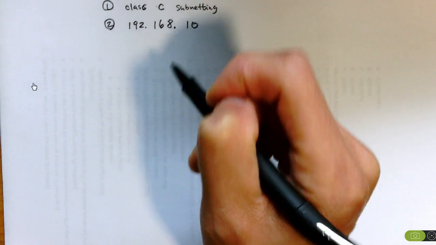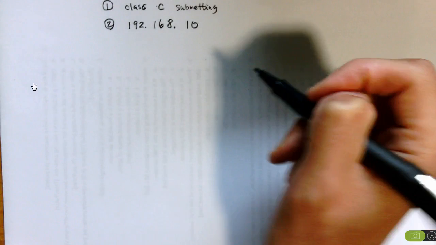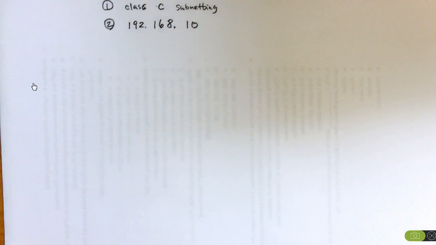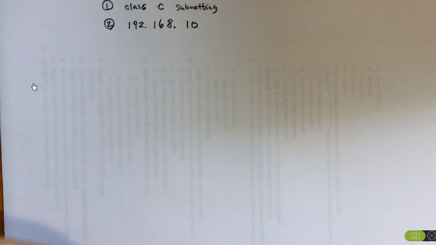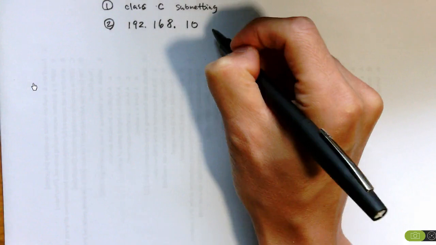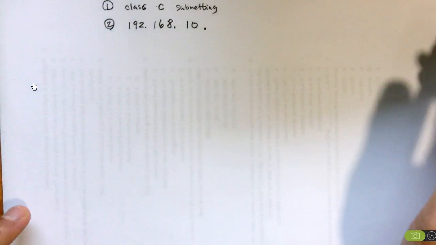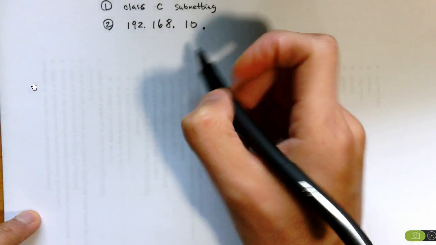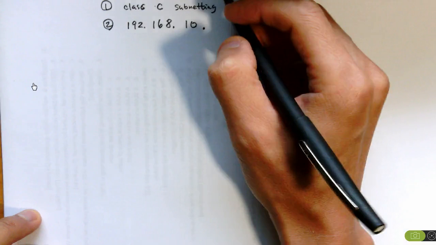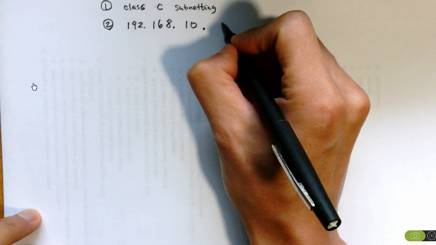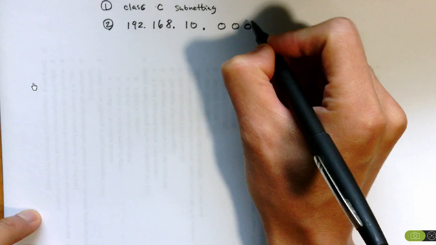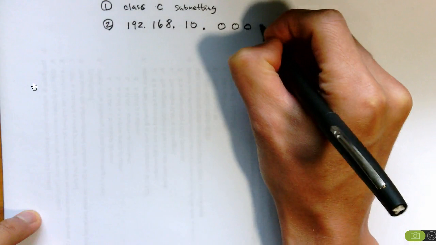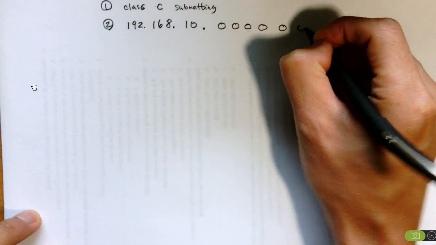This could be a network address, I give you a network address or just an IP address. Since this is class C, the fourth octet is where we use binary, because that's where the action is. So 1, 2, 3, 4, 5, 6, 7, and 8.